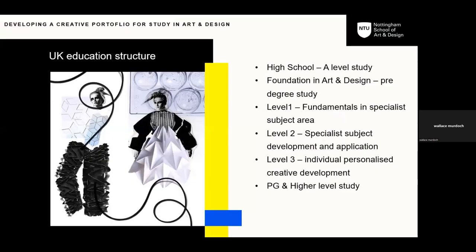I thought I'd give you a little bit of insight into the way that UK students navigate to study art and design. Some students will go directly from high school and directly from A-level, but the vast majority of students will do a foundation in art and design, which is pre-degree study. A lot of students do the foundation because they're not really sure which creative subject they wish to study.